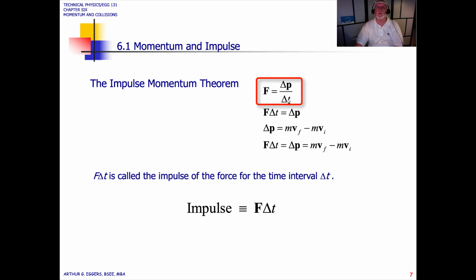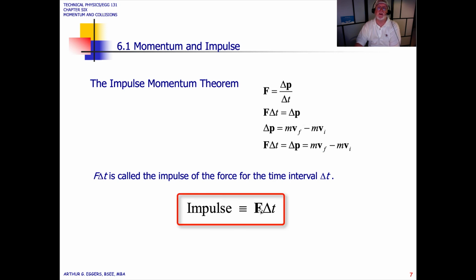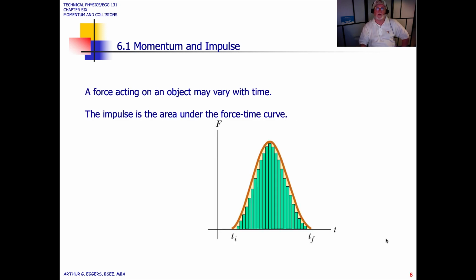If we factor the delta t out of the denominator so that we have force times delta t is equal to the change in momentum, again, over time, mv final minus mv initial, we end up now with a new term that we call the impulse momentum. So the impulse momentum, or the impulse, is defined as the force that occurs over time.